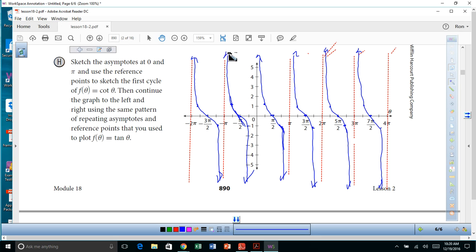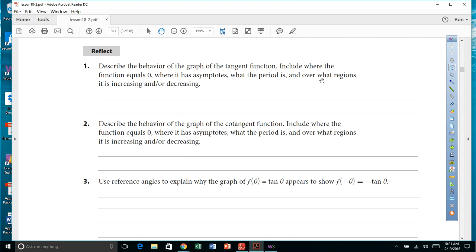And like that. All right. So there we go. Good deal. And notice it just repeats and repeats.